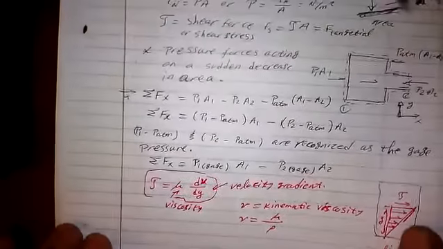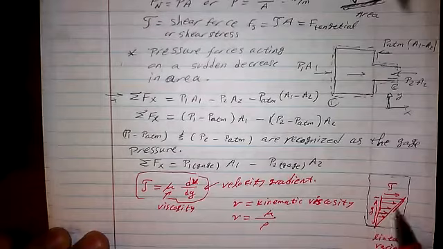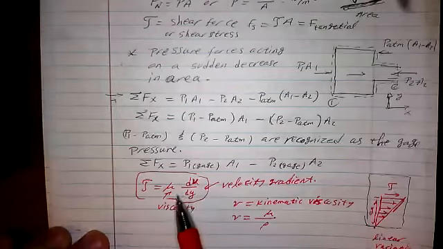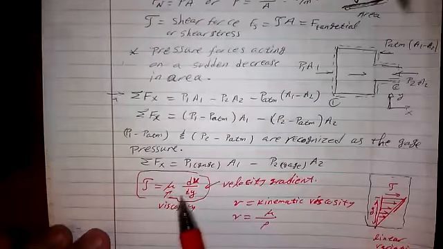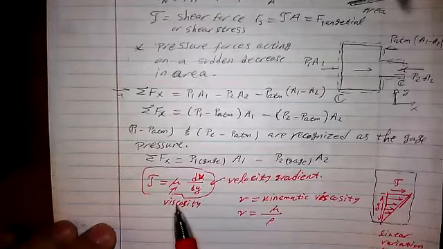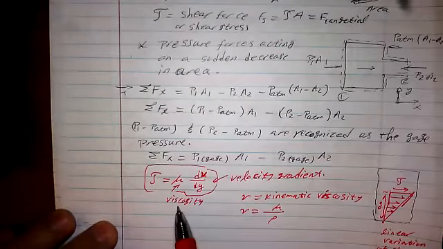So summation of forces in the y direction is 0 for this example. Then we have a velocity profile also, or if we wanted to determine the shear stress, it's a very popular formula in fluid dynamics. In fluid dynamics, mu denotes viscosity.